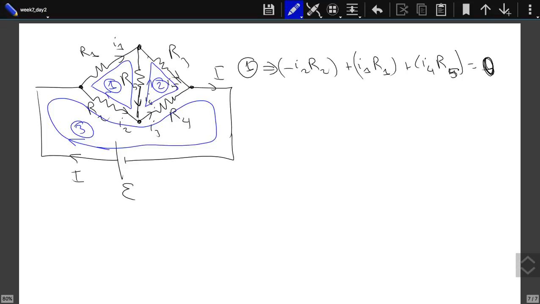Now let's look at loop 2. You see, in loop 1, for example, I go from this point to this point. In loop 2, I go from this point to this point. That also doesn't matter. So let's see, as I go from this point to this point, what is the potential drop?